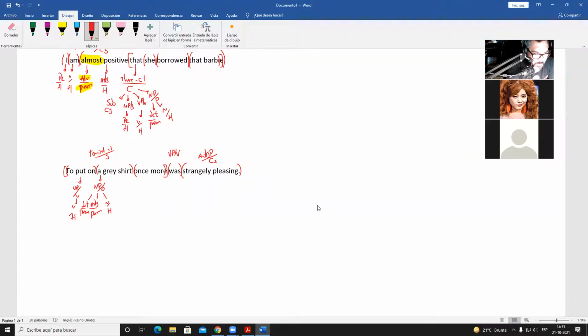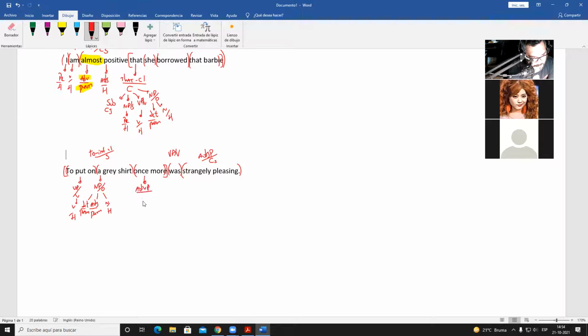I would say this is an adjective. Mi primer guess sería we're seeing an adverb phrase where more is the adverb head and once is an adverb premodifier. That's my hint. Creo que eso sería.